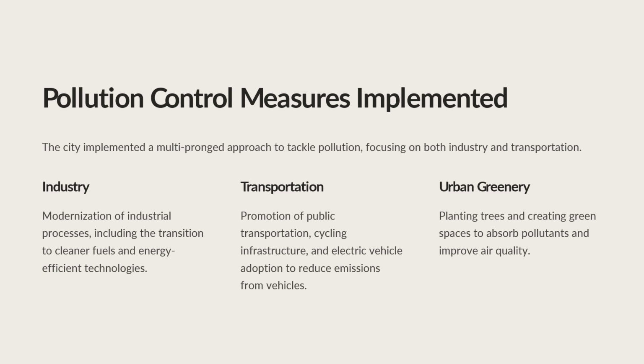So most people agreed to switch from the normal fuel vehicles that we know to electric vehicles, which is now very common, EVs. And then urban greenery: they planted more plants to try and reduce pollution, and it actually did.